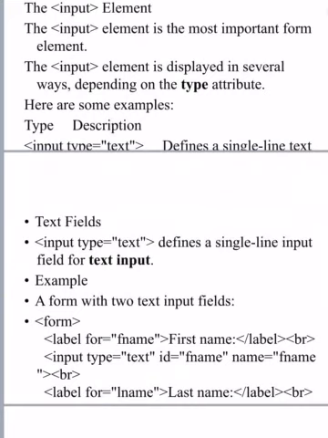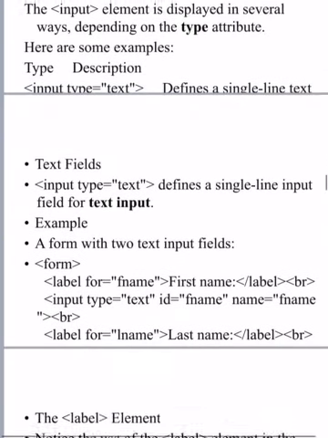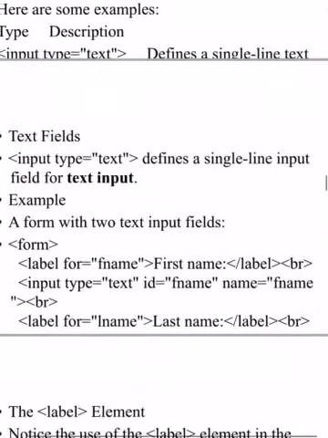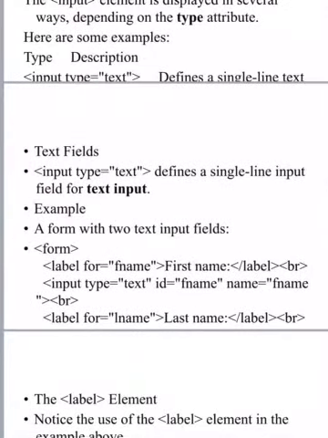Example, if you write a form with two text input fields, label for is another element in a form. The syntax is label, space, for is equal to the label name within double quotes, first name colon, closing label, br.